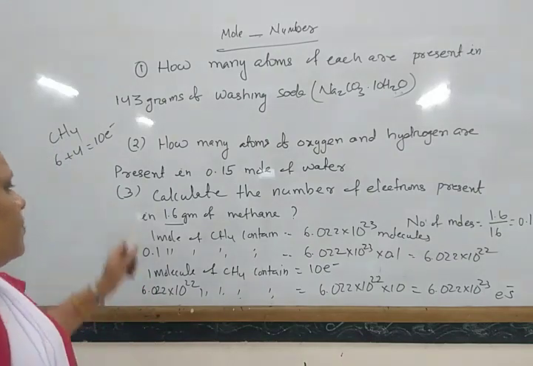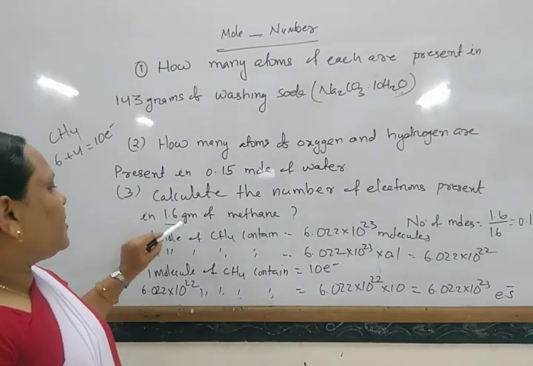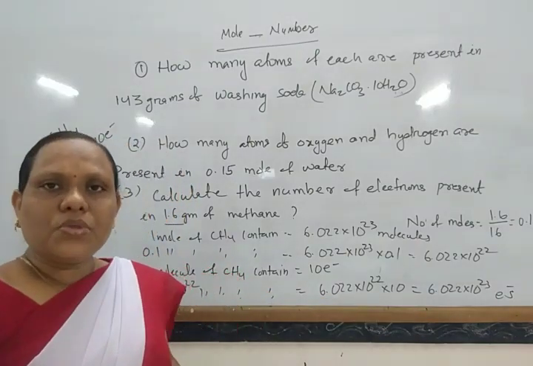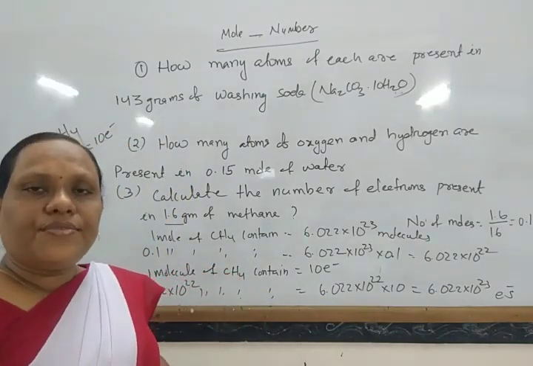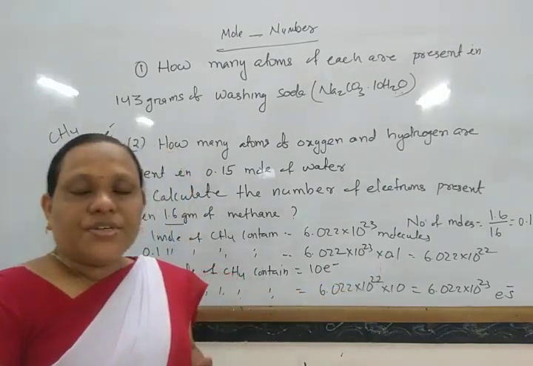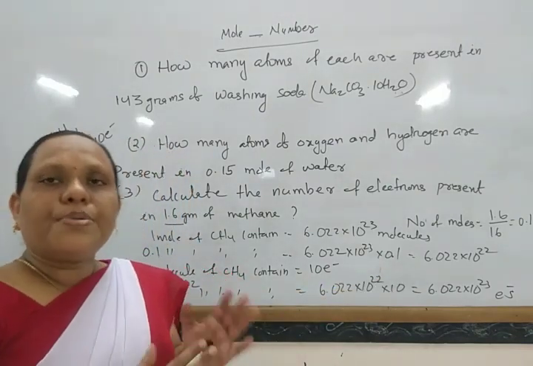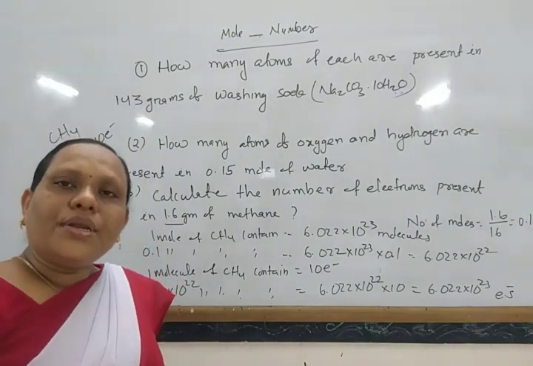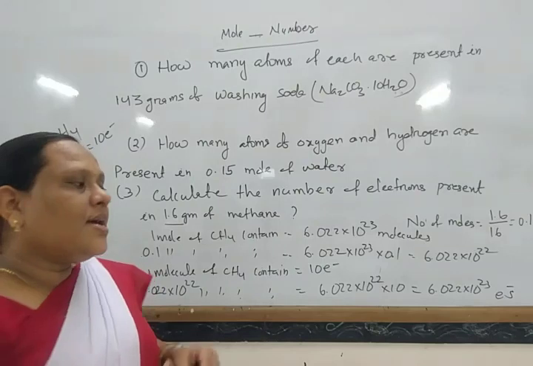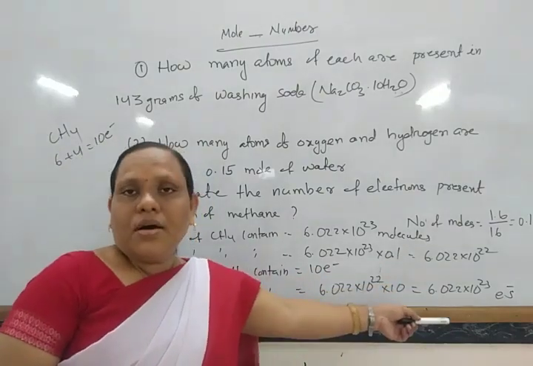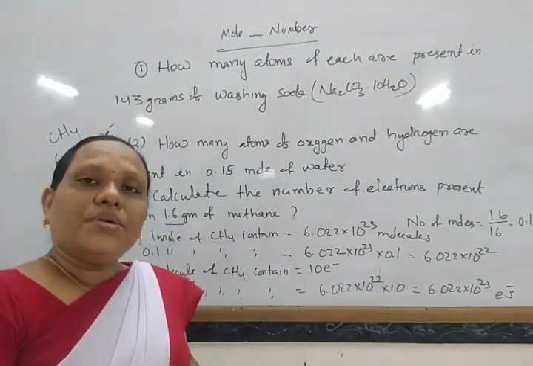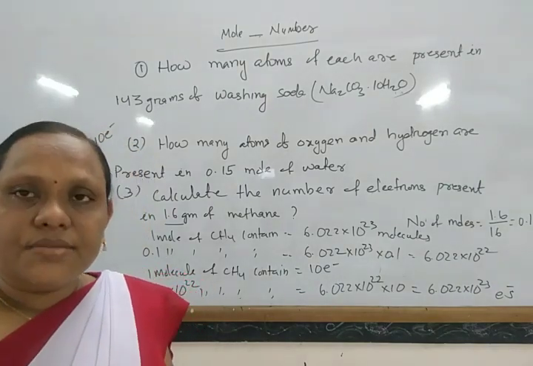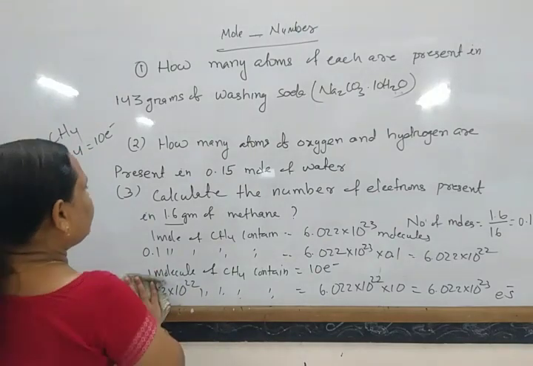So in this way, 1.6 gram of methane contains 6.022 × 10^23 number of electrons. First find out the mole. From mole calculate how many molecules, and one molecule contains how many electrons, then that number of molecules contains how many electrons. In this way you can solve this type of problem.